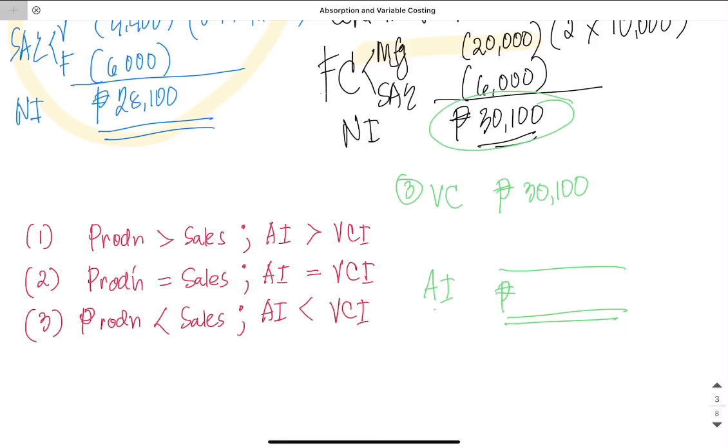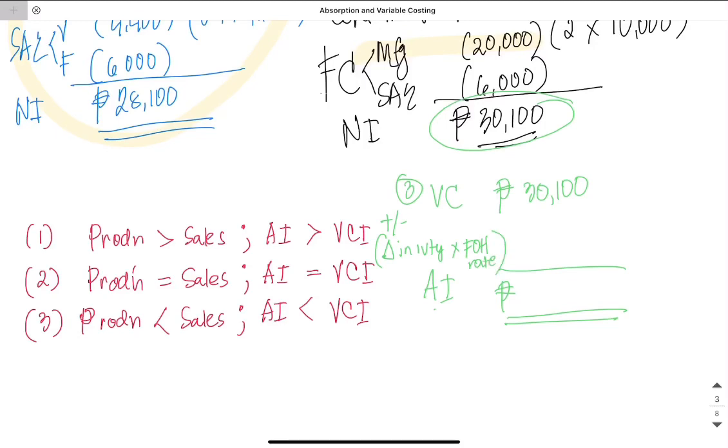So the reconciling item would be plus or minus change in inventory times the fixed overhead rate. As easy as that.